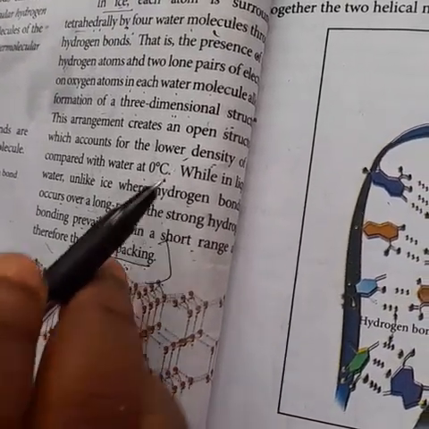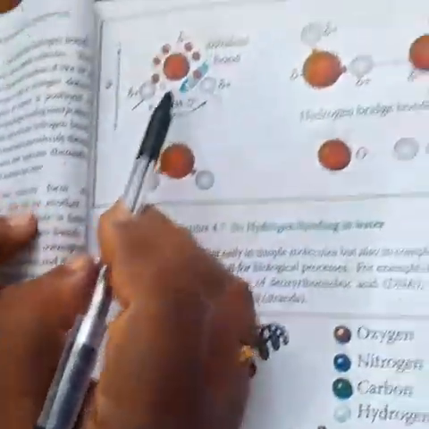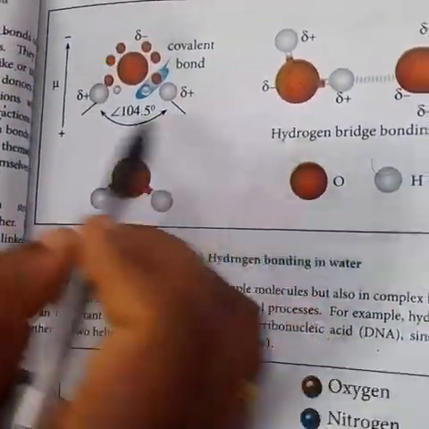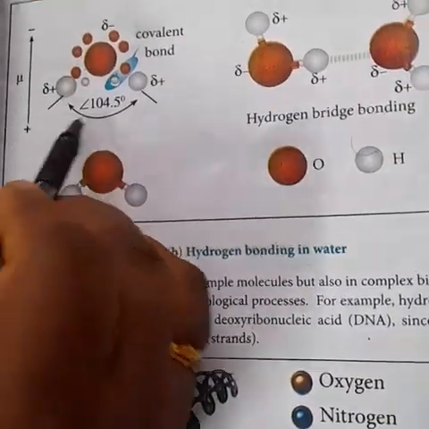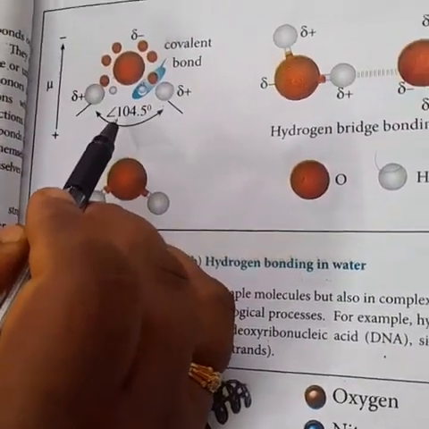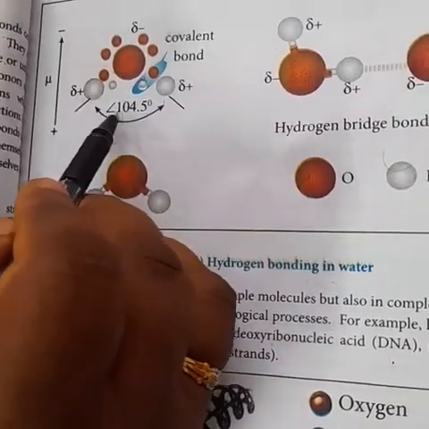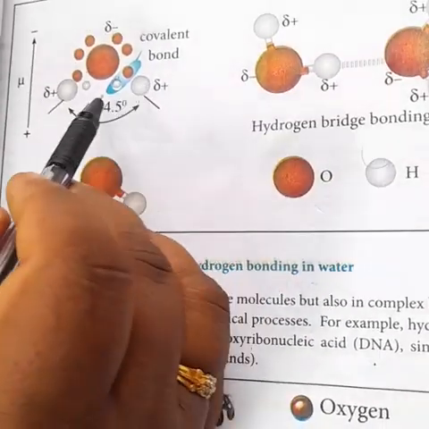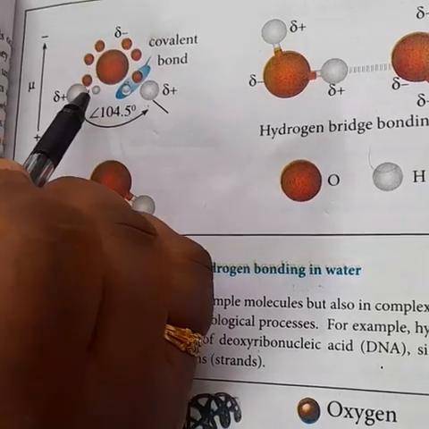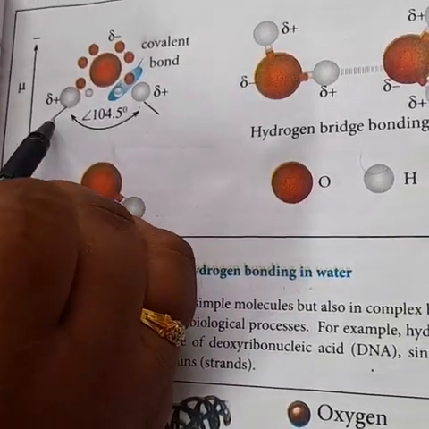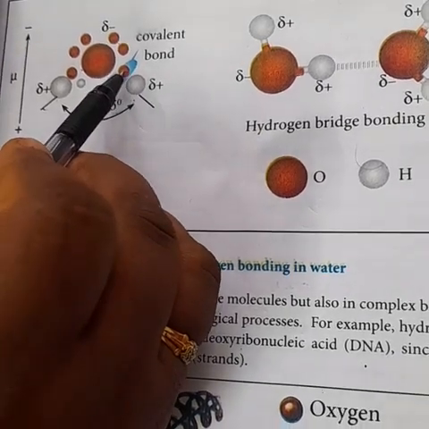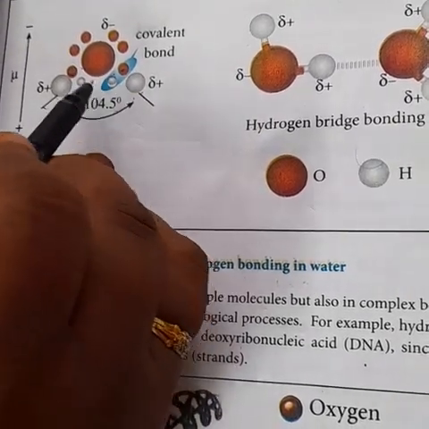Understood? So this is about intermolecular hydrogen bonding. You see, this is the water molecule structure. The angle between the two hydrogen atoms is 104.5 degrees. Here are two lone pairs, and this one electron is bonded with the hydrogen atom, and this one electron bonded with this other hydrogen atom.